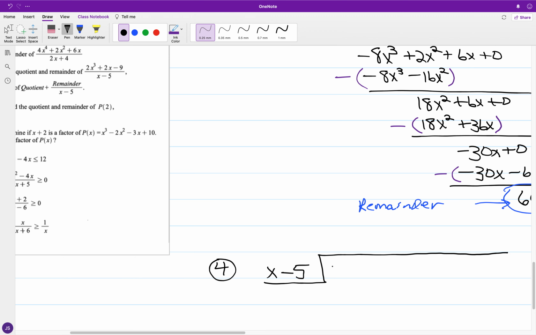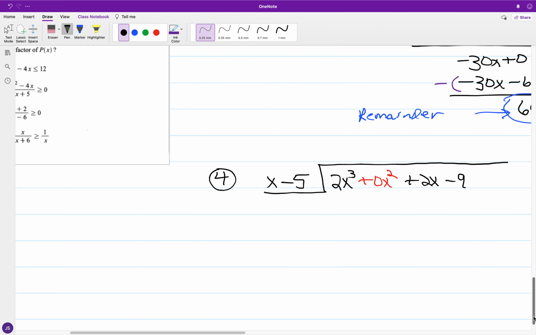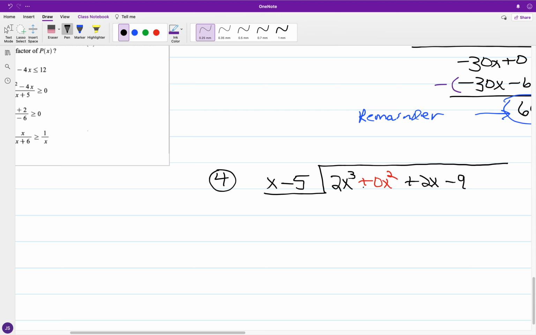Again, the dividend has 2x cubed and a missing x squared term, then plus 2x and a negative 9. So I only needed a 0 placeholder in the dividend for the x squared position.